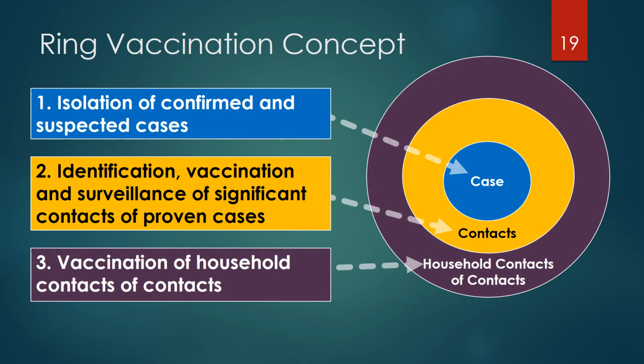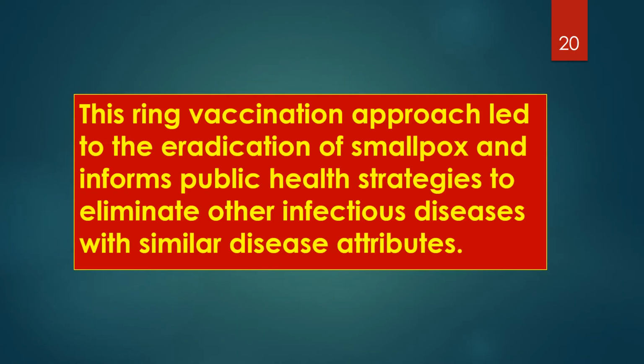Smallpox vaccinations are about 95 to 99% effective in preventing disease. Good, but not perfect. That's why the second ring of vaccination was chosen to provide that second safety net. This ring vaccination approach led to the eradication of smallpox and informs public health strategies to eliminate other infectious diseases with similar disease attributes.